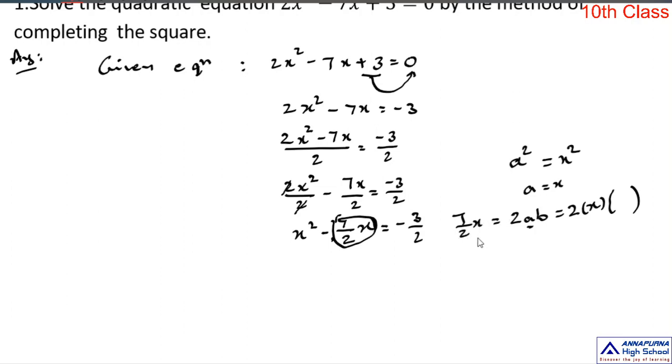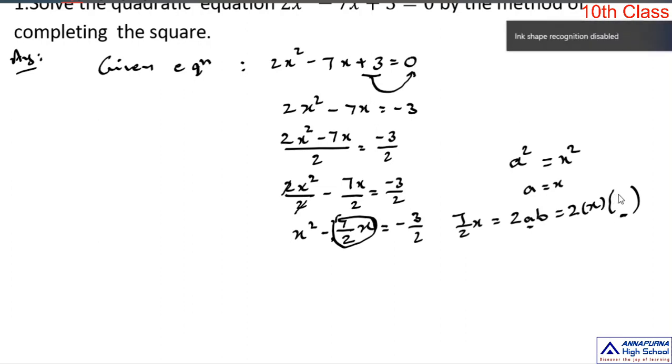Now we are changing this term into the form of 2ab. 2 is a constant, we can write that 2 as it is, and a is equal to x. Already we assigned that. In the place of b, which value are you taking? This total term changes to 2ab. Which value?